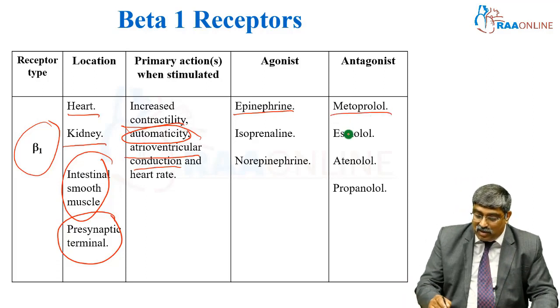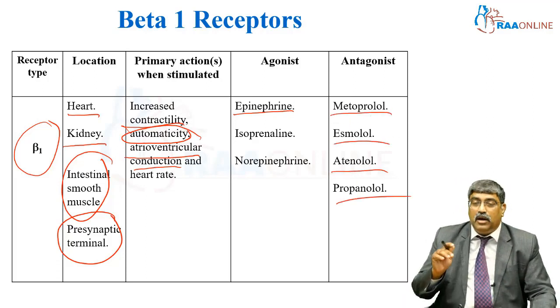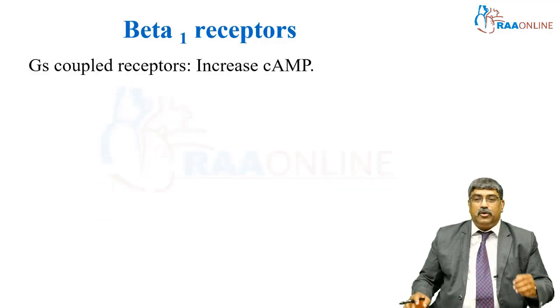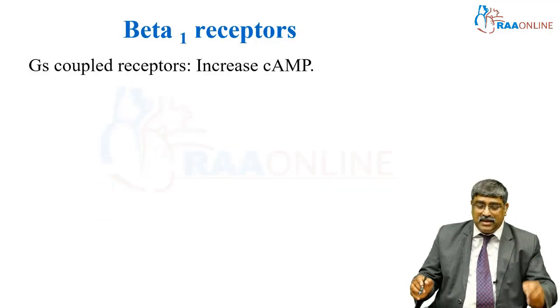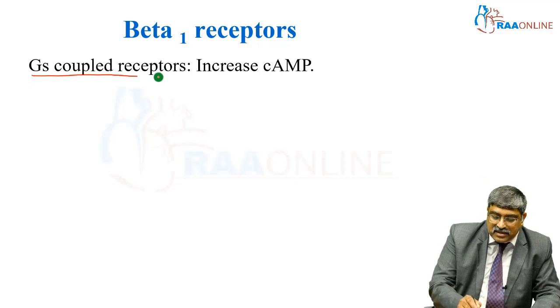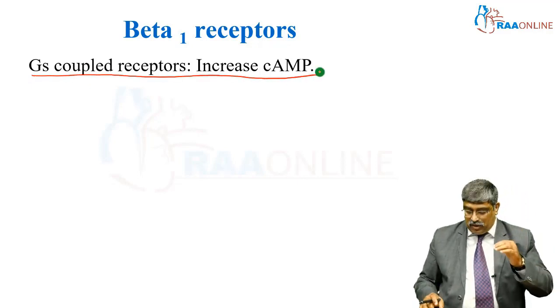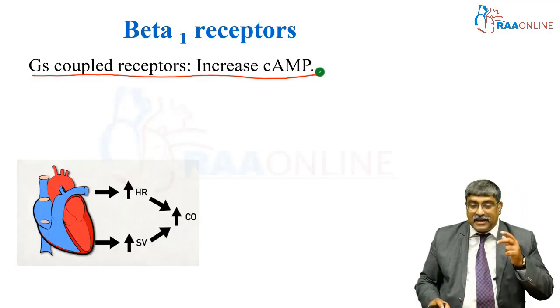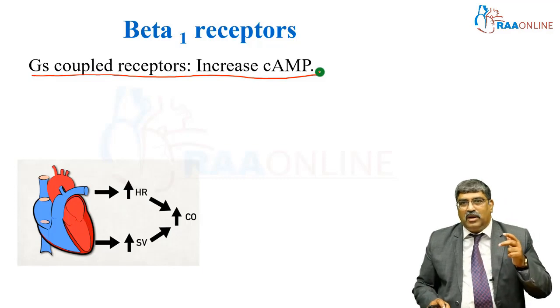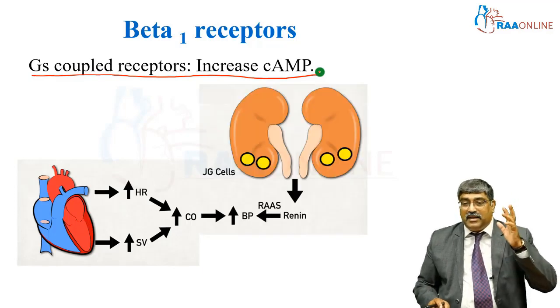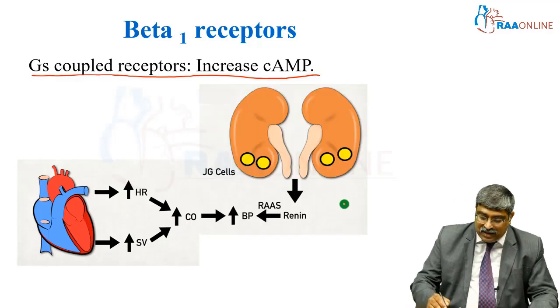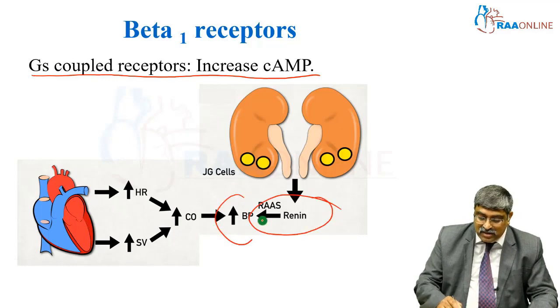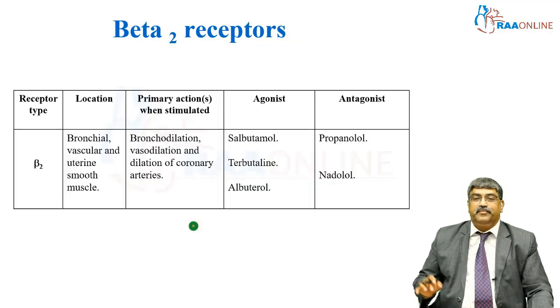Antagonists are all your beta blockers: metoprolol, esmolol, atenolol and propranolol. Coming to beta 1 action, it acts through a Gs coupled receptor, thereby increasing your cAMP. It increases the heart rate, stroke volume and the cardiac output, and at the renal system, it increases your renin and increases the blood pressure.